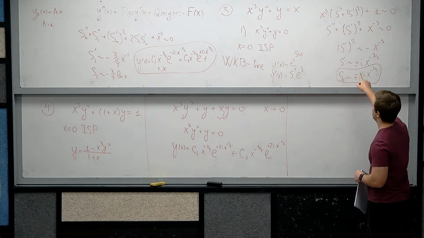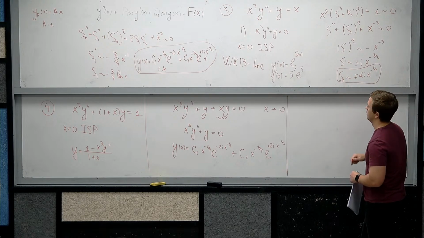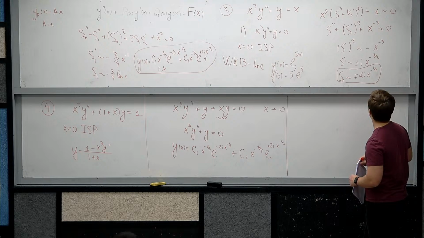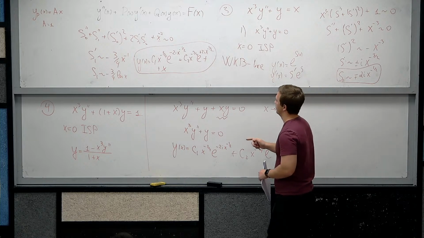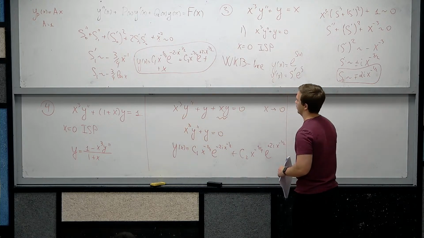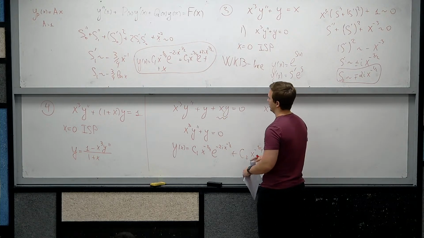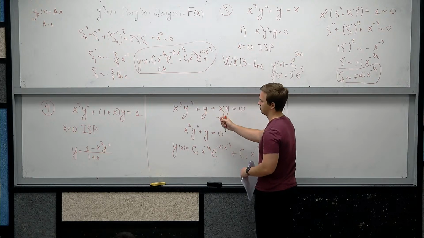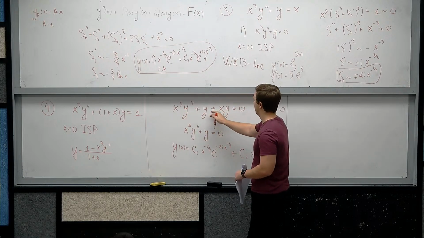Like we saw here, sometimes s double prime can behave so that even if you multiply by x squared, it could be bigger than these terms. But I mean, it's legal to compare those terms. I couldn't say anything about this, but when I compare these two, that's okay.